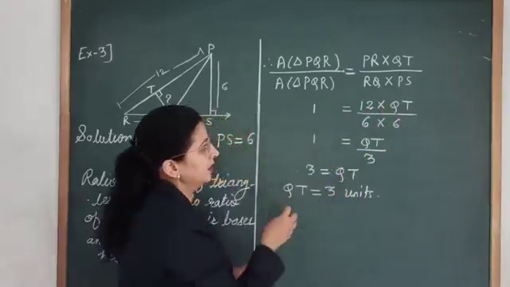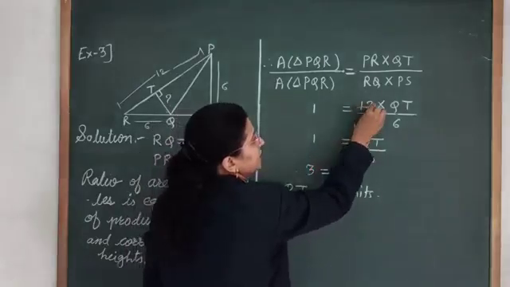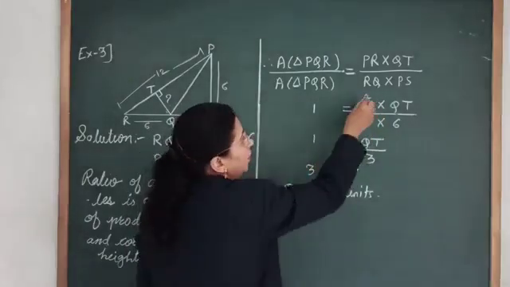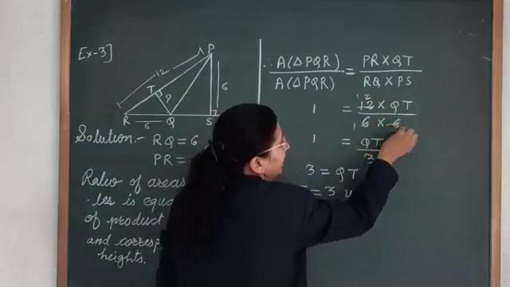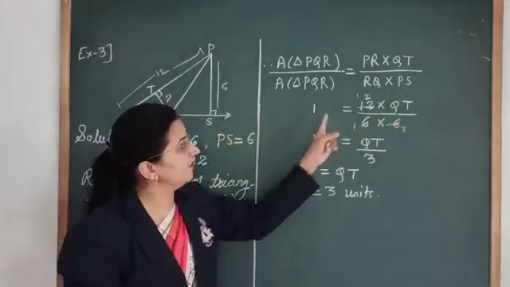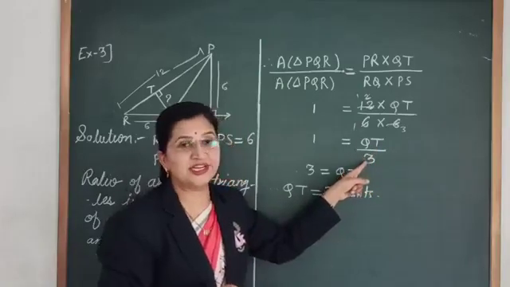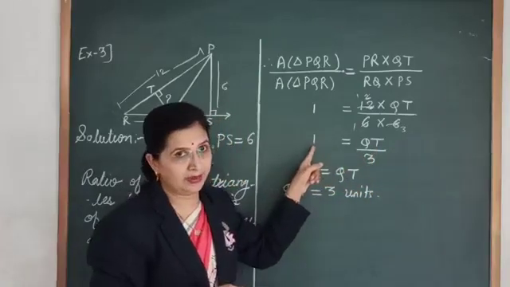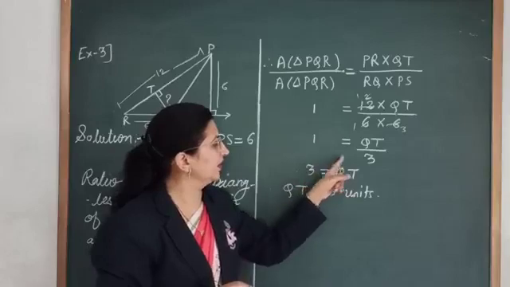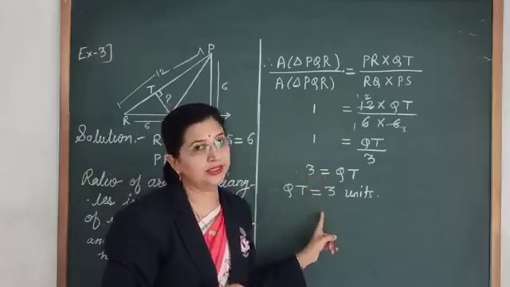Now let's solve this. Now here 6 ones are 6, 6 twos are 12, 2 ones are 2, 2 threes are 6. So here we got QT upon 3. Okay, so this 3 is dividing, it will multiply on this side. Okay, so we got 3 ones are 3, that is QT is equal to 3 units.